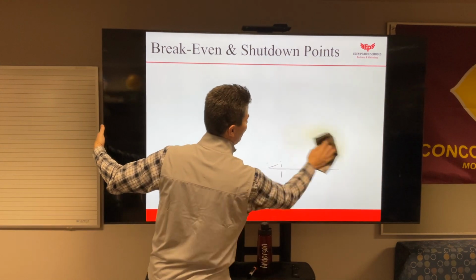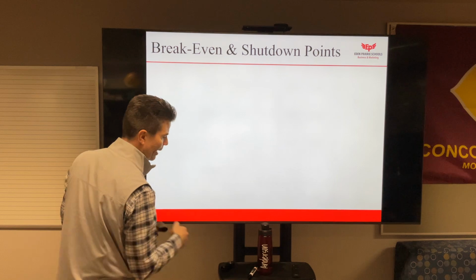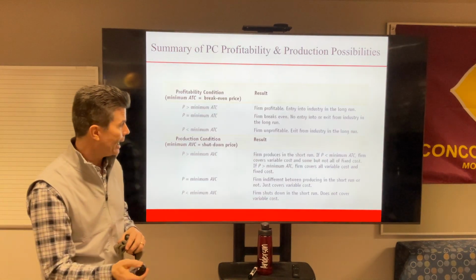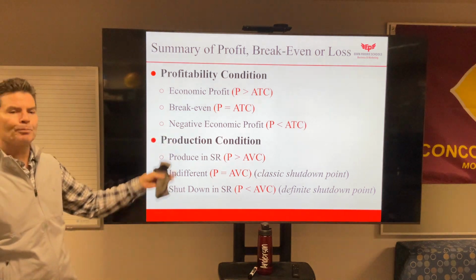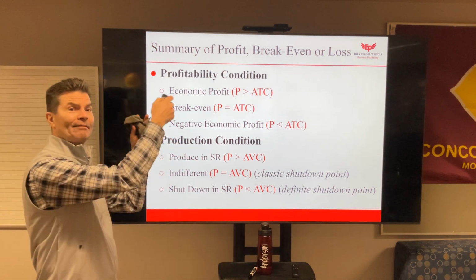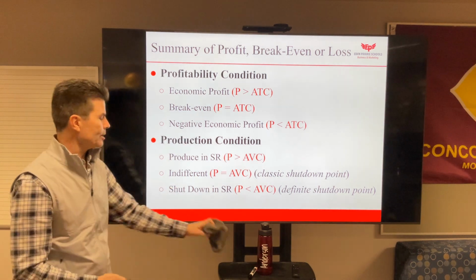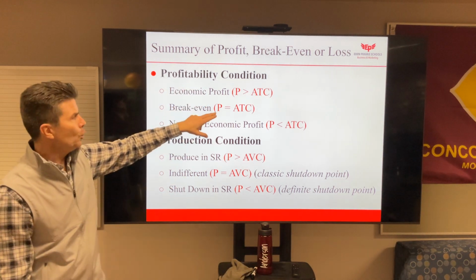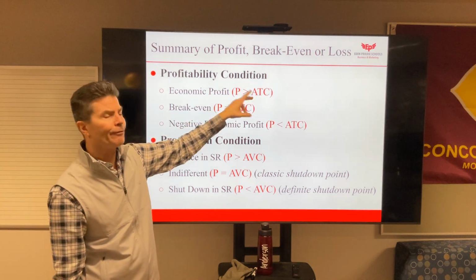So as we go through and get you into the final conclusion piece, this conclusion one here, these 2 pages, I'm not going to say much about because it kind of speaks for itself. We've kind of explained all this. This is just a way to basically look at, when am I profitable? You use price and ATC to find profit.